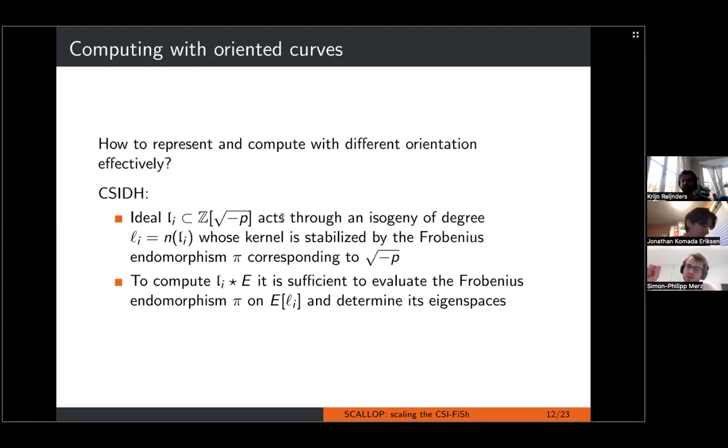And to compute this group action, you just look at the ℓ_i-torsion, you evaluate the Frobenius endomorphism on it, and this will give you two eigenspaces. Each eigenspace defines the direction to walk left or right, a horizontal isogeny on your isogeny volcano. So you might be familiar with this part, but this generalizes.